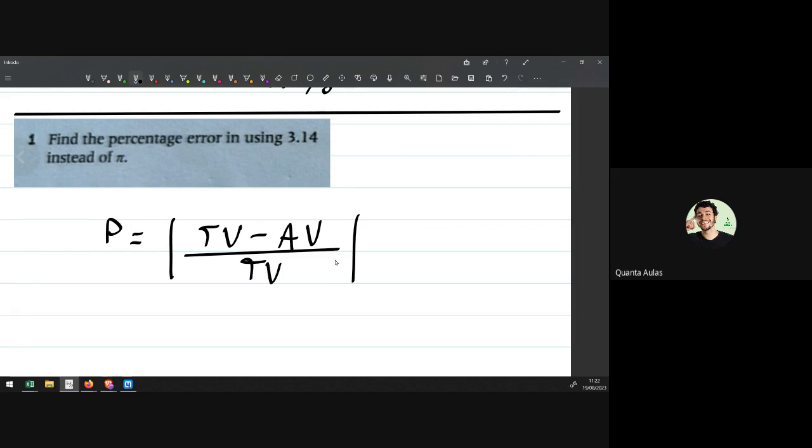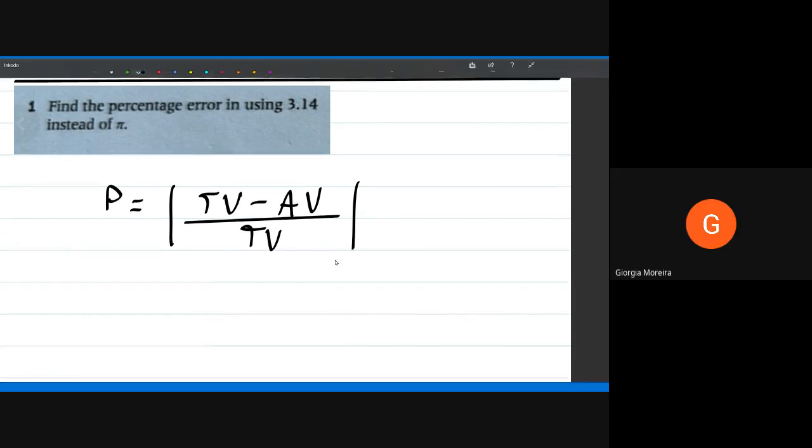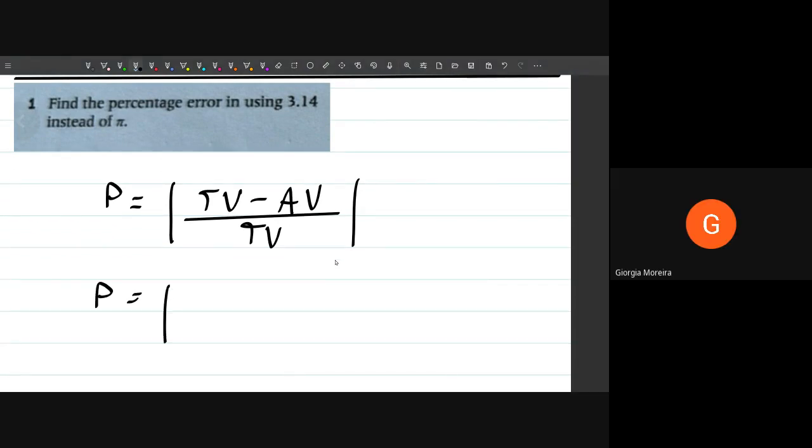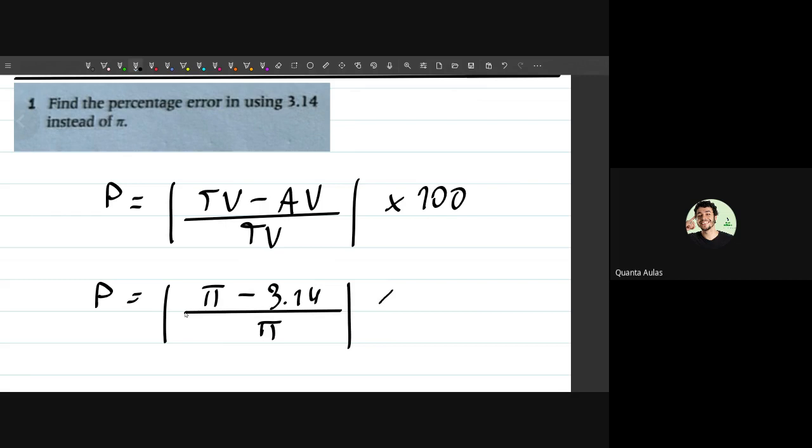You can use your calculator. Okay. Pi minus 3.14 divided by pi. The calculator has a more precise pi. And you need times 100.